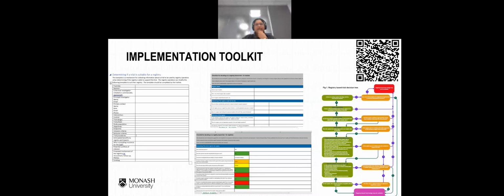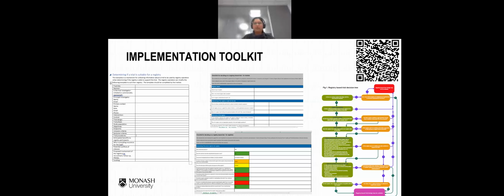The guide also includes implementation tools, and here's a screenshot of these tools. The first screenshot is a project synopsis document that registry operators can use to assess the suitability of a trial for the registry. The screenshots in the middle are Excel-based checklists for trialists and for registry operators.